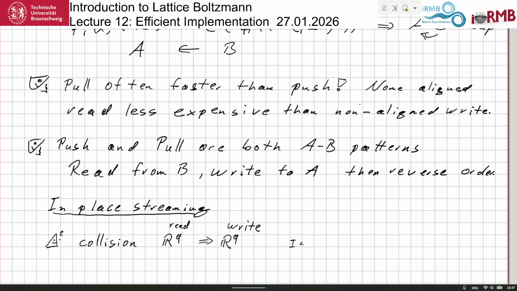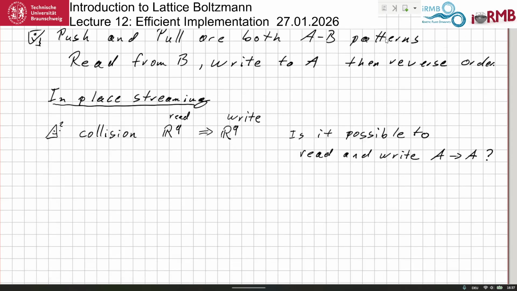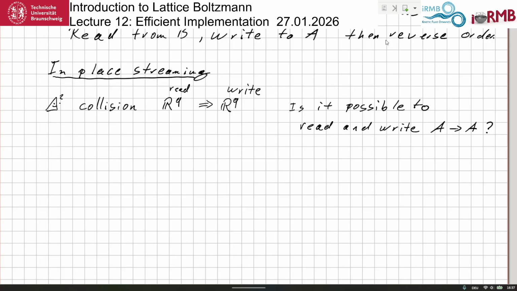So the question: is it possible to read and write from A to A, using one array? Of course it is.